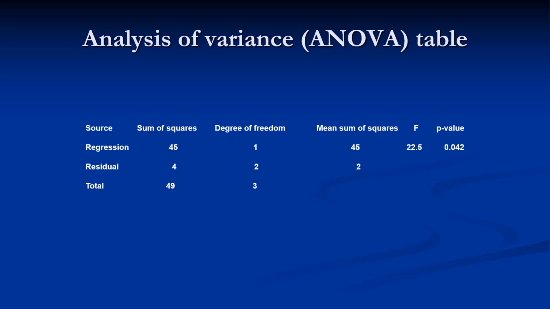The p-value tells us the probability of observing a linear relationship in the sample if the null hypothesis were true and there were no relationship in the population. Thus, for a low p-value, we reject the null hypothesis and say that there is a relationship in the population and the regression line fits the data well.